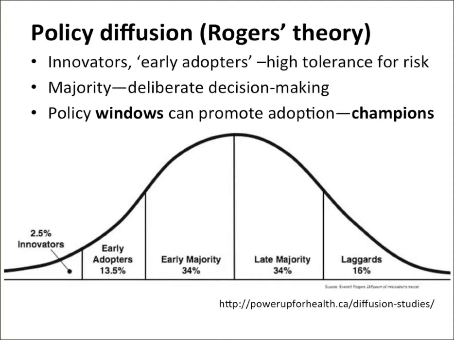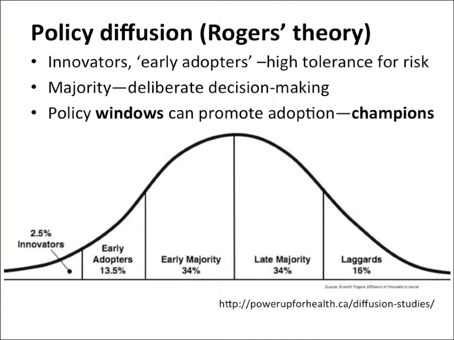So the policy diffusion theory looks at the idea that when you start an innovation in place, you may have this layout or a bell curve of when people are ready to adopt it. So is your community, for example, very innovative, or are they early adopters for new types of interventions, even with less evidence in place? Does your community have a high tolerance for risk? Or are you part of the majority? So there's early majorities and late majorities.